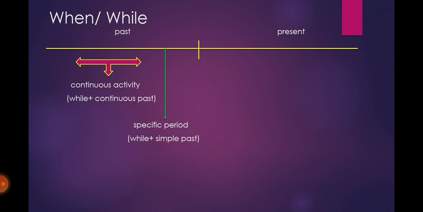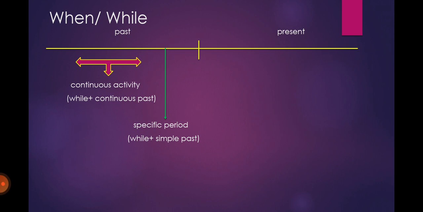But with the continuous past tense, it's different. If we use while in order to express the time event when it takes place, we need to pay attention that while refers to the whole duration, the whole period of time.